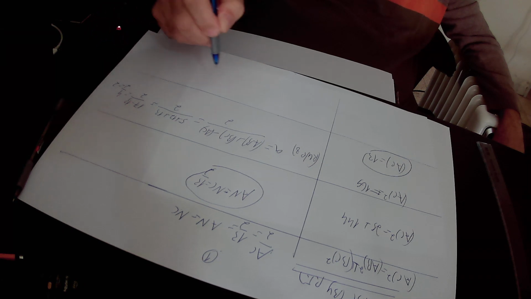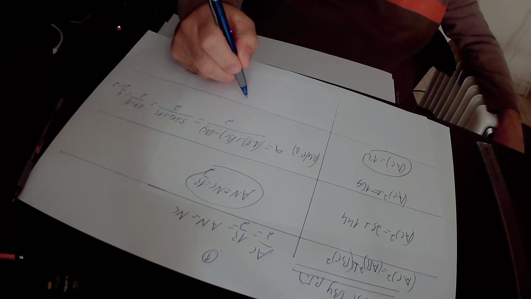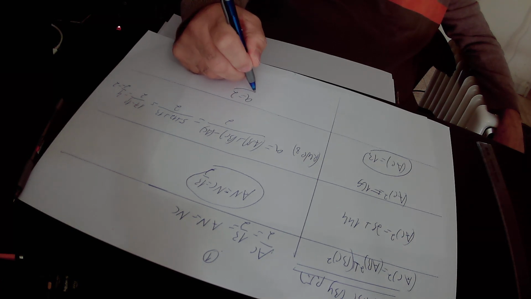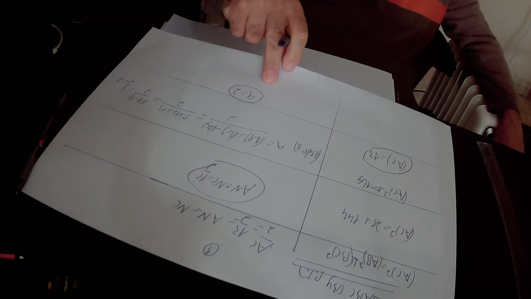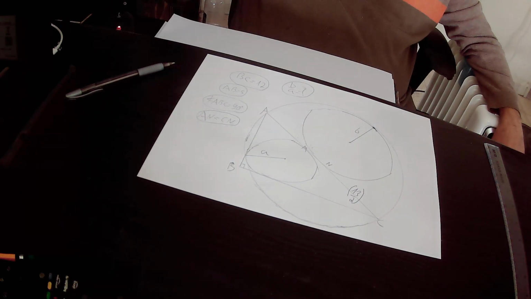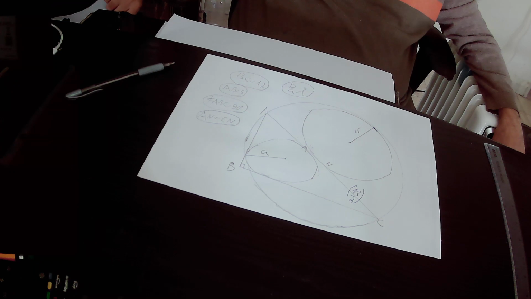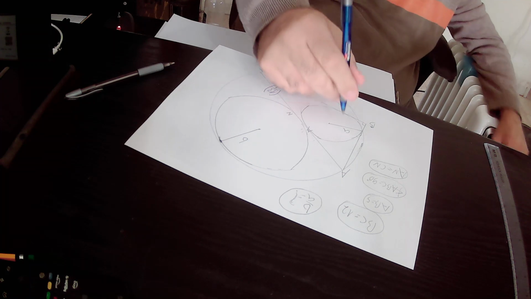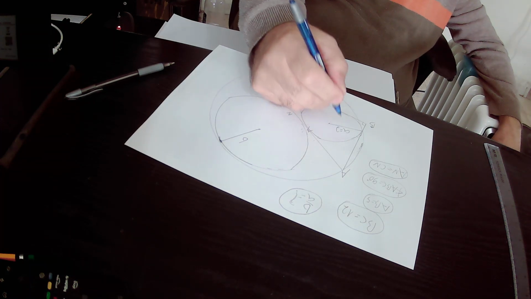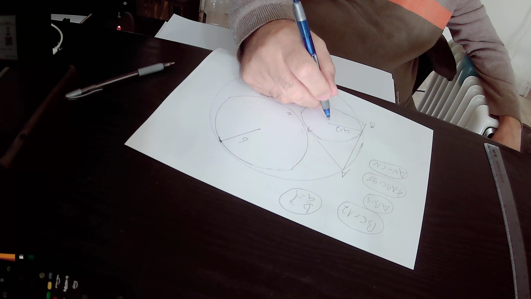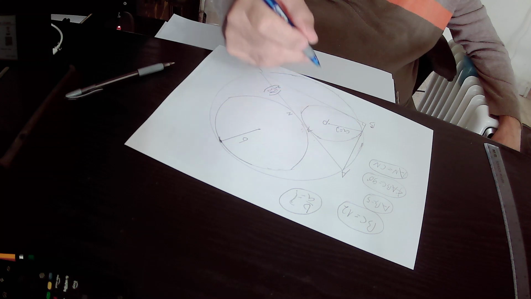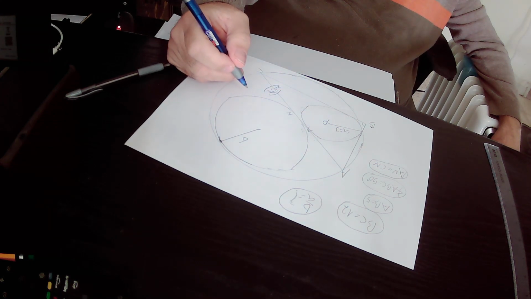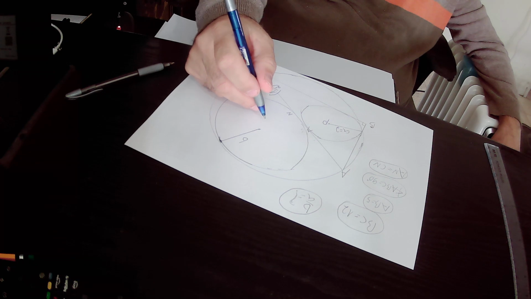So I found out that the radius A of the smallest circle equals 2 units in its length. So radius A equals 2 units. We define the center of the smaller circle as P. We define the center of the bigger circle as Q.